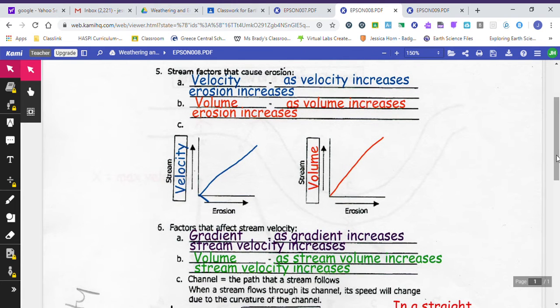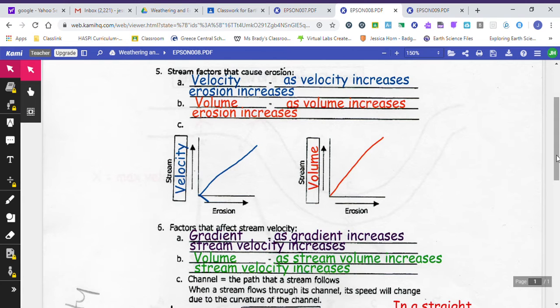Okay. The next one is gradient. Now, we've talked about gradient, but it's been a long time. We have not talked about it probably since we did maps and topographic maps, and we actually calculated gradient on a map. Well, the gradient is how steep is the stream.